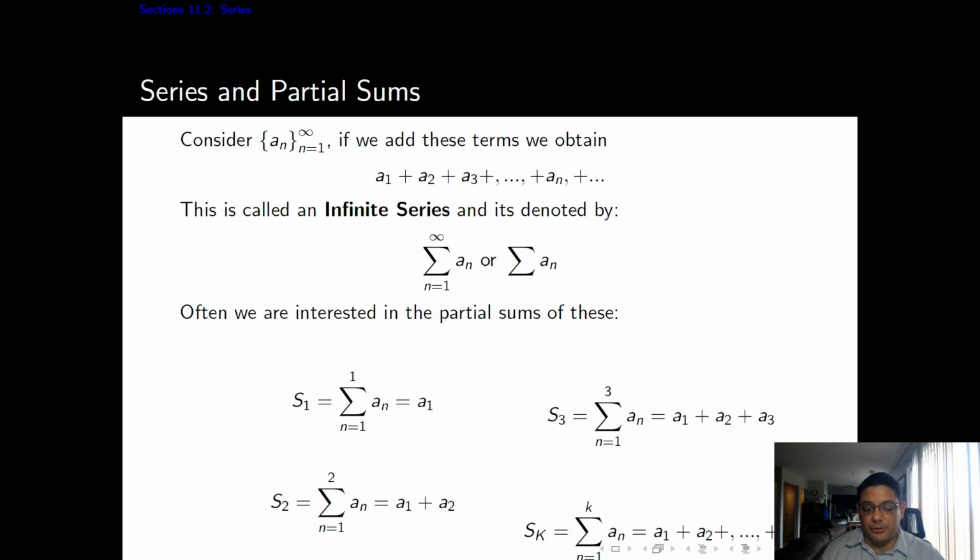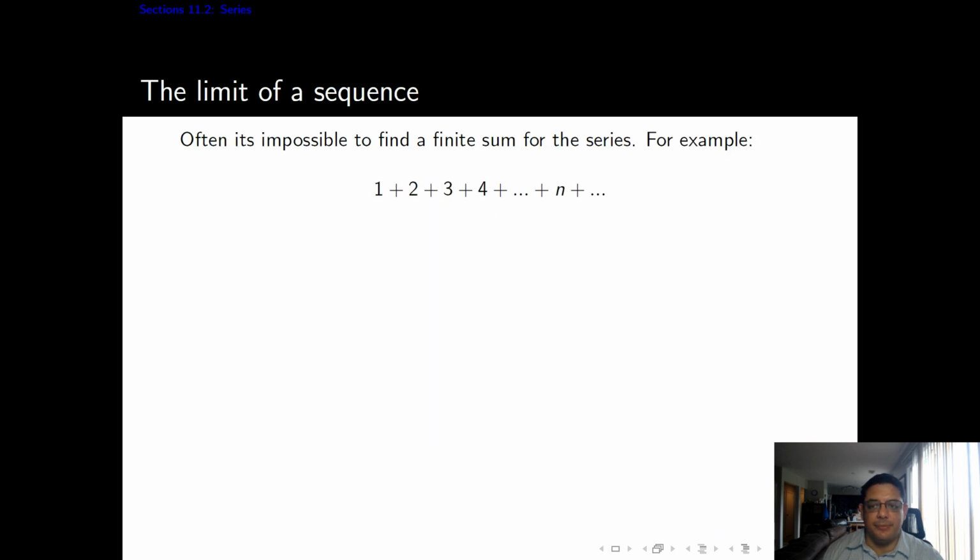If I'm doing the partial sum up to 3, I'm adding the first 3 elements of the sequence. And if I do, let's say k, the partial sum of k, then we're essentially adding the first k elements of the sequence.